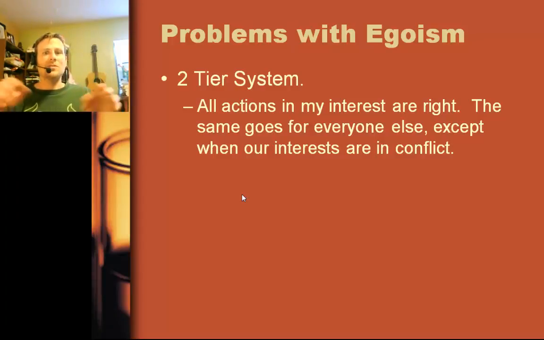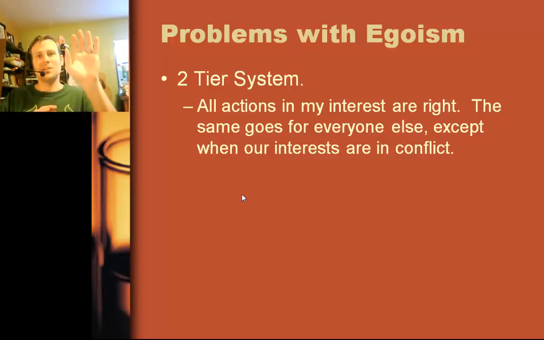But when there's a conflict, and it's my self-interest or your self-interest, well, you should act in my self-interest, clearly. But in any other situations, always act on your own self-interest. So there's act in my self-interest, and then everybody else should act in their self-interest. And that's the two tiers.